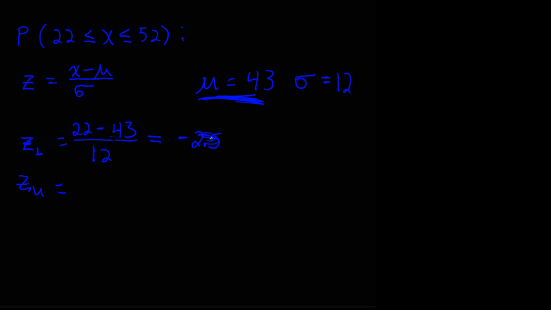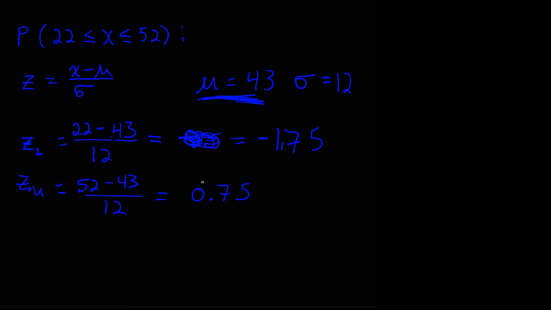So we'll scratch this off, hang my head in shame, and say thank you, Aisha. Well done. This is our z-score formula. Now for the upper bound, I want 52 minus 43 over 12, which is 0.75.